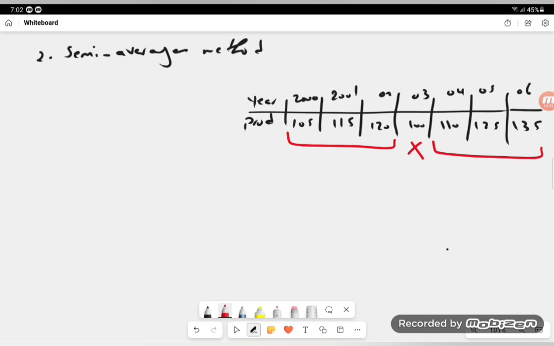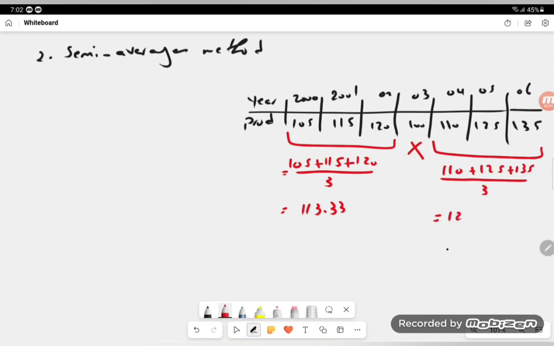And then we have to calculate the average for each half. So the average for the first half is 105 plus 115 plus 120 over 3, which is 113.33. And the average for the second half is 110 plus 125 plus 135 over 3, which is 123.33.